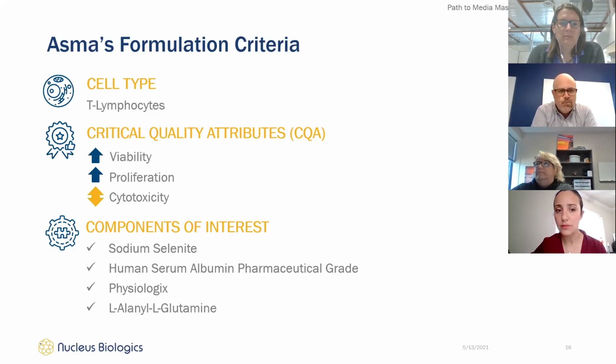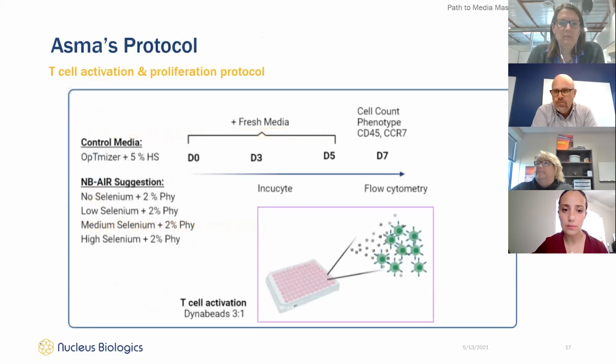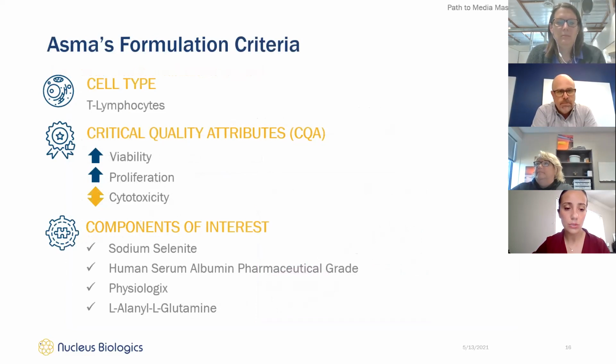The components of interest were sodium selenite, human serum albumin, physiologic, and L-alanine, L-glutamine. So we're going to go through MBAir to show you how we did that, and how fast we can set up and develop a media to test.